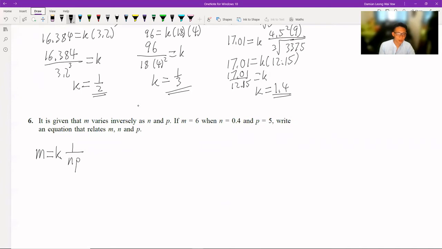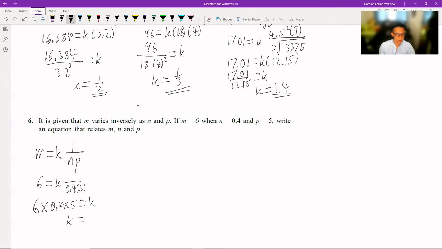So np, like that. So I just need to find the k. Using the m, n, and p value given, substitute inside. 6 equals k times 1 over 0.4 times 5. So divide opposite is times, means it's 6 times 0.4 times 5 equals k.